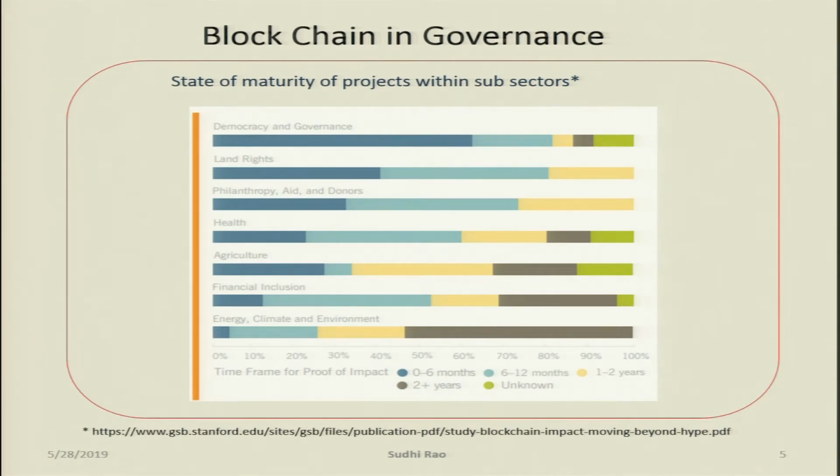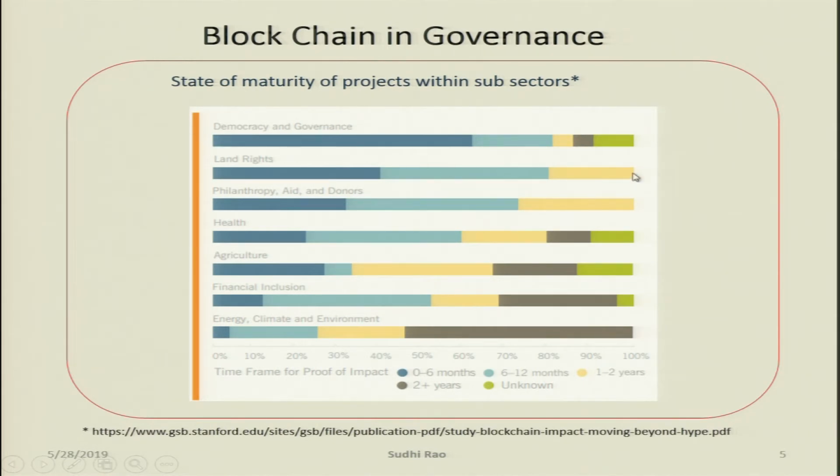This was as of 2018, if I remember. Within 0 to 6 months, they are going to produce their impact. About 20% in this color coding, over the next 6 to 12 months, these projects which are being tried out are going to produce their results. About 5% take 1 to 2 years, another 5% will take 2+ years, and another 10% do not know.